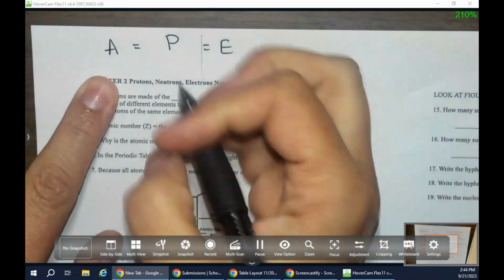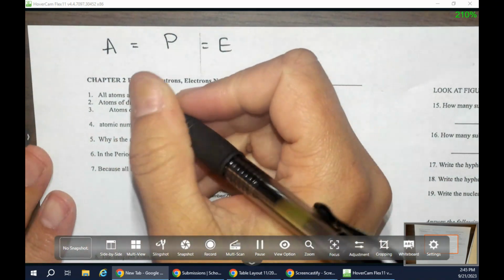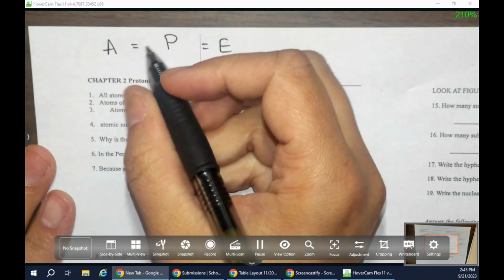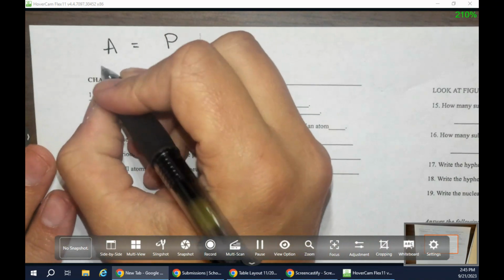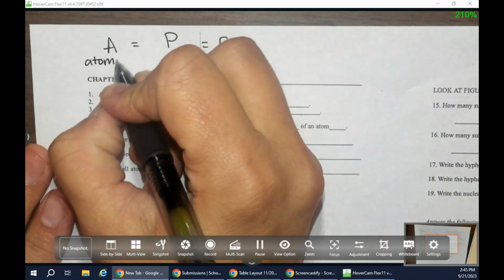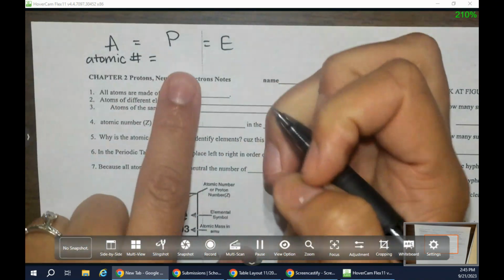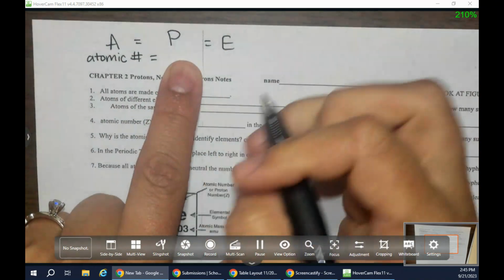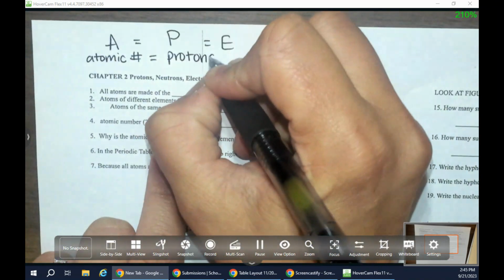Does anybody remember what the A stood for? Atomic number. So atomic number is equal to, do we know what P is? Protons, good. And then electrons, good.